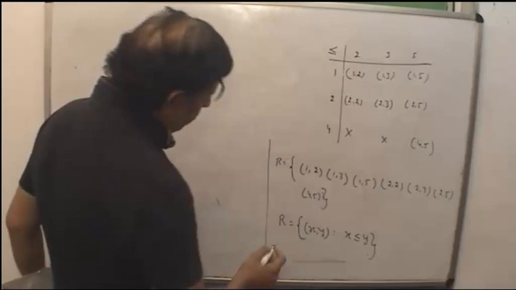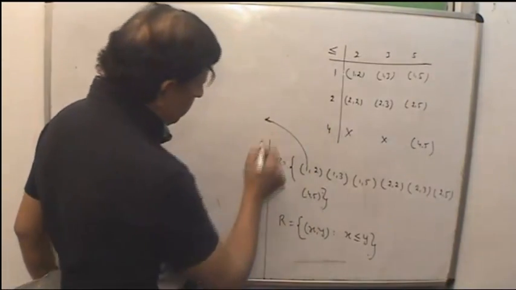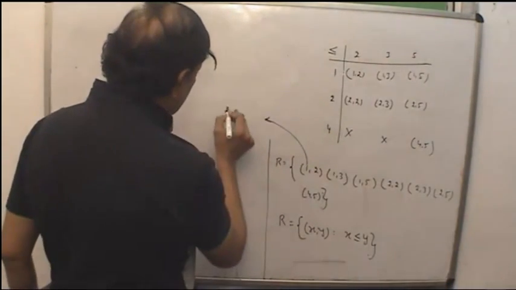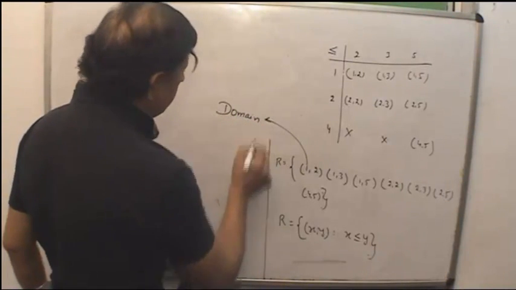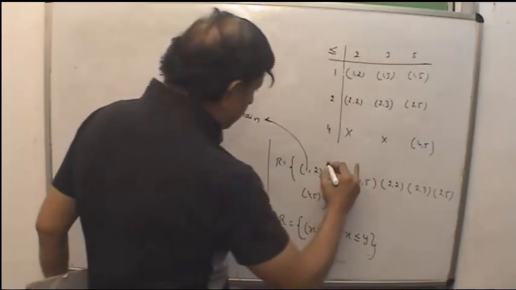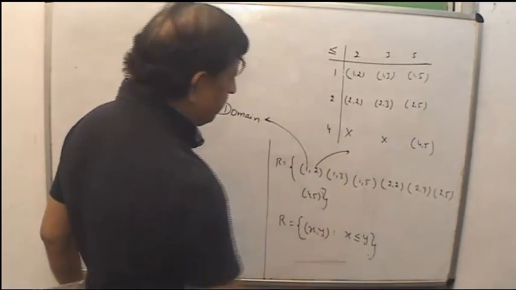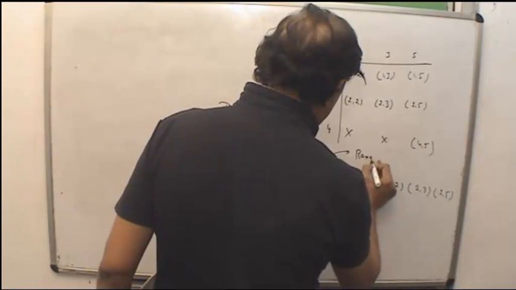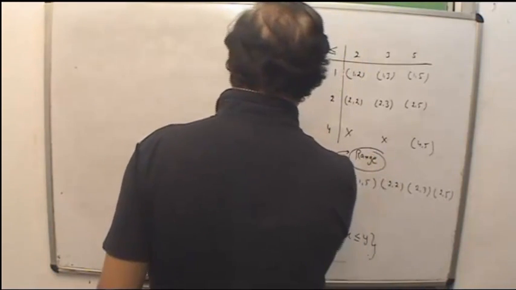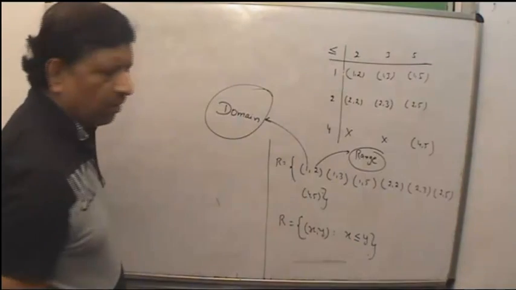Now, see, these first members are called the domain of a relation, and these second members are called the range of the relation.